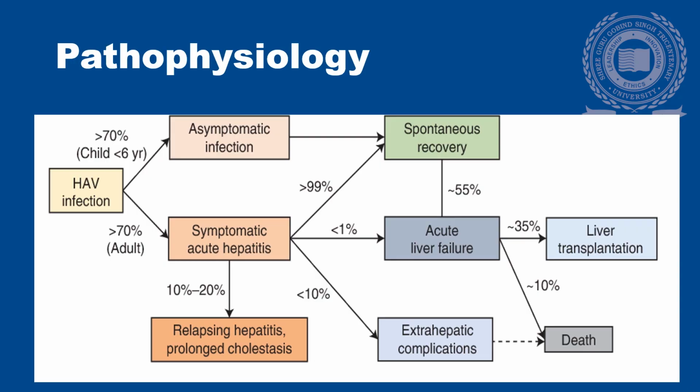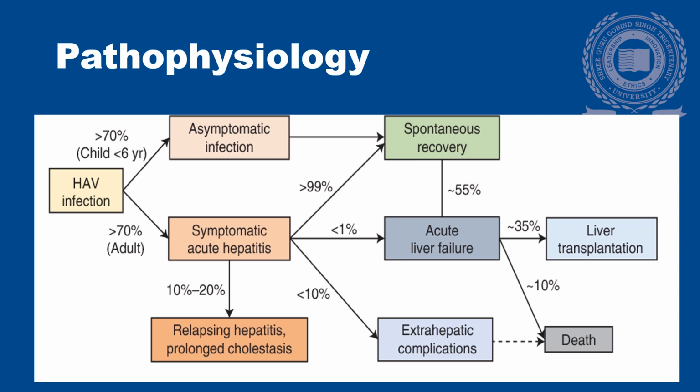The pathophysiology of hepatitis A virus includes an asymptomatic phase and a symptomatic infection. In children who are less than 6 years, more than 70% of the time it is an asymptomatic infection, leading to spontaneous recovery. In more than 70% of the adults, the infection is symptomatic.